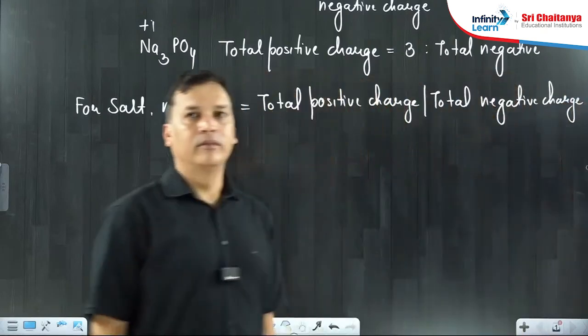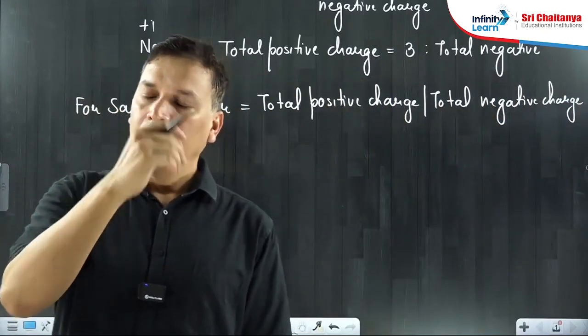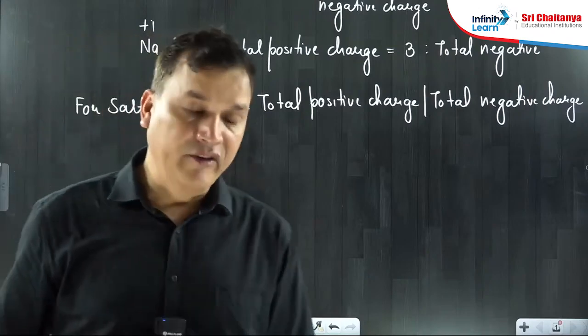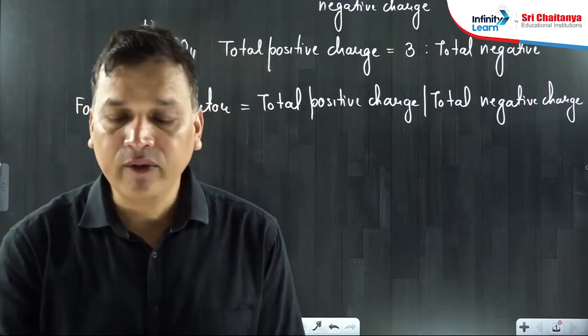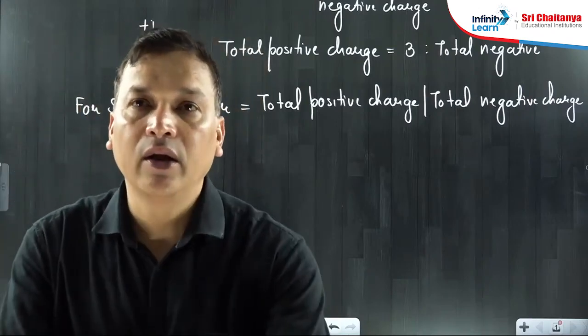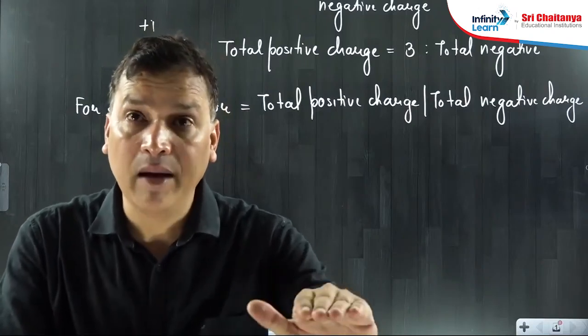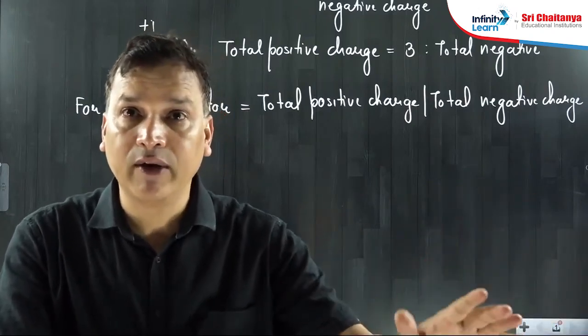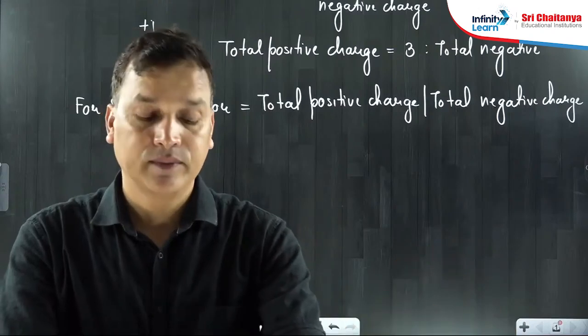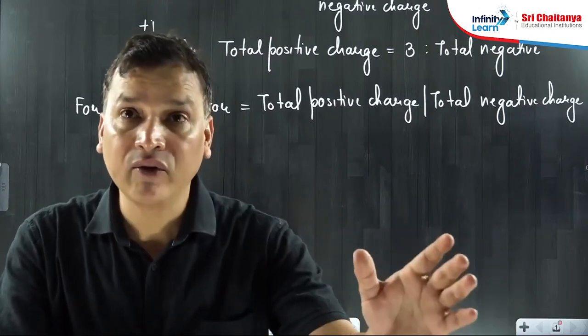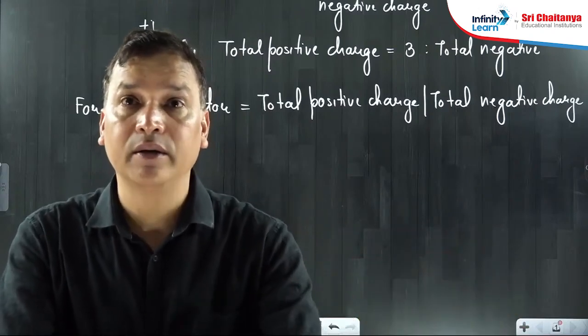Please confirm. Dear student, let me revise. Basically, we are calculating normality here. And normality is the number of gram equivalents of solute divided by the volume of solution. Now, how can this gram equivalent of solute be calculated?